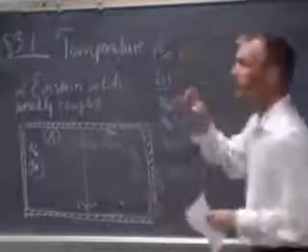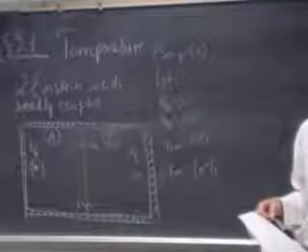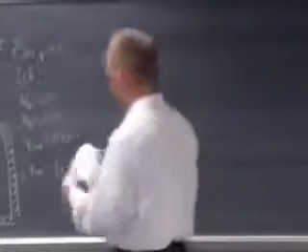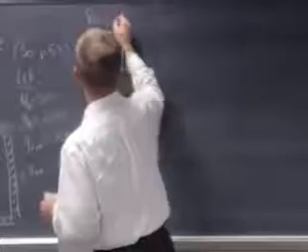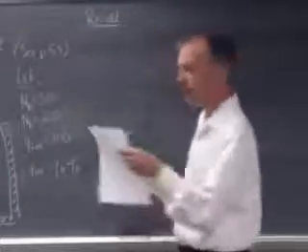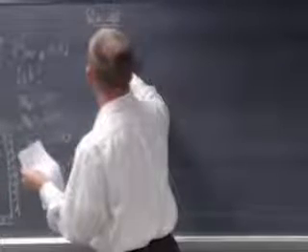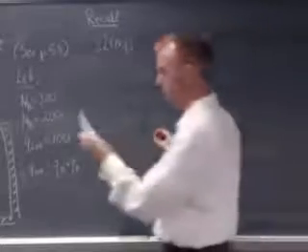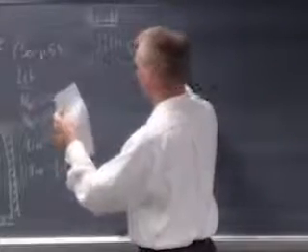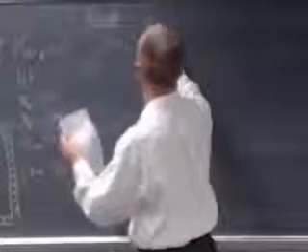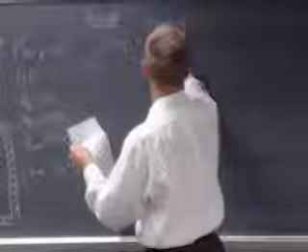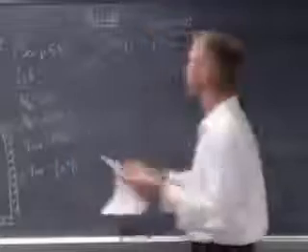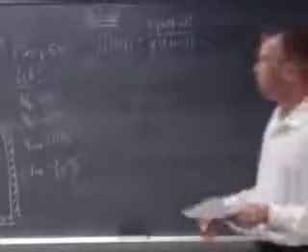Now let's see here. To calculate the multiplicities, let's recall the equation for the multiplicity of an Einstein solid with N oscillators and q units of energy: (q + N − 1)! over q!